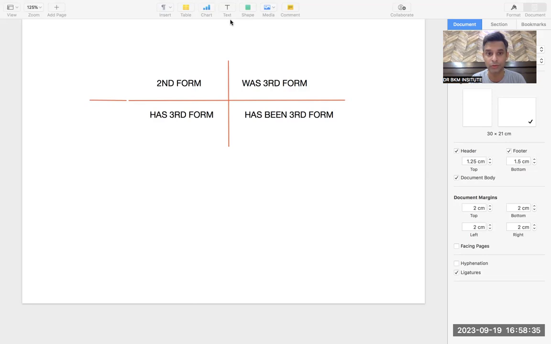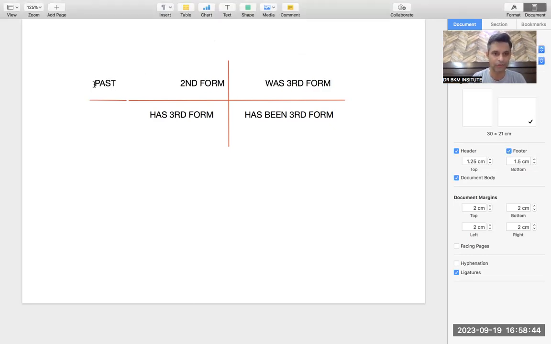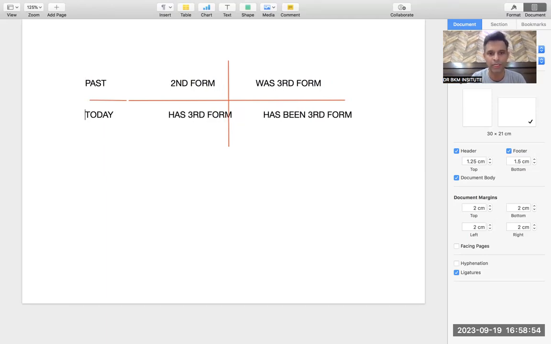So you need to make this chart, and then you write this, and then you write past, and over here you write today. This is the only grammar that is used in OET, and that will give a solution to all our problems. Now I will tell you how to utilize this chart and how to make it easy.